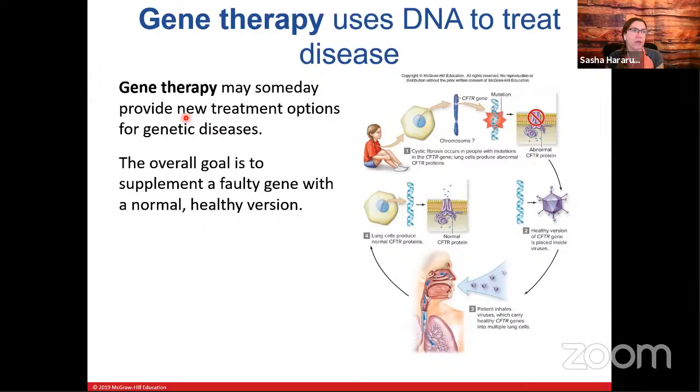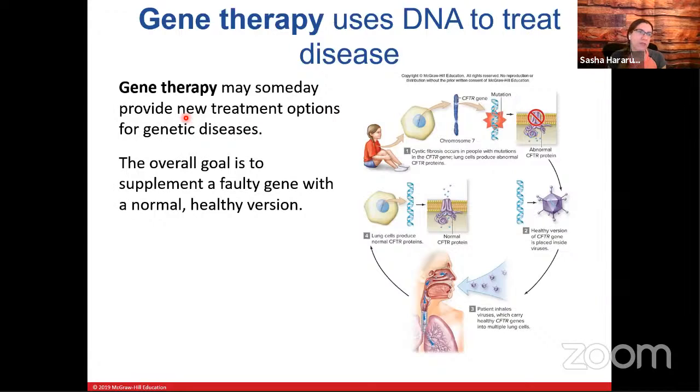Gene therapy could be used for a disease called cystic fibrosis, which we've gone over, I believe, in some past lecture. In cystic fibrosis, it affects the lungs, and it causes the lungs to have this thick mucus that kind of prevents the person from breathing very efficiently.